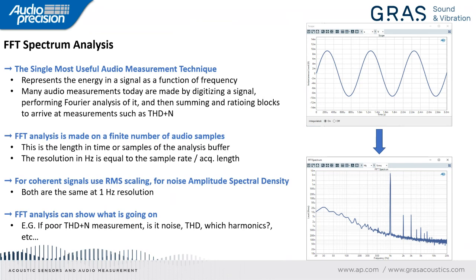The acquisition length is the number of samples we recorded. So if we had a sample rate of 48 kilohertz and we acquire 48,000 samples to do our FFT analysis on, we will have a frequency resolution of 1 hertz.